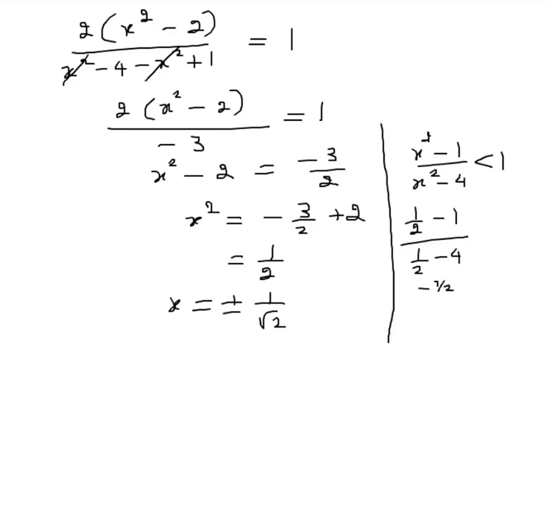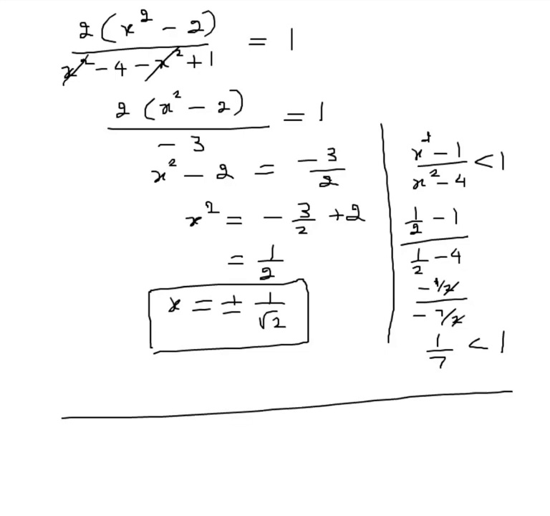So this is minus half, and this is minus 7 by 2. 1 by 7, yes, it is less than 1. Therefore, both are solutions. The condition is satisfied. Both the values are satisfying the condition. So, both are solutions.